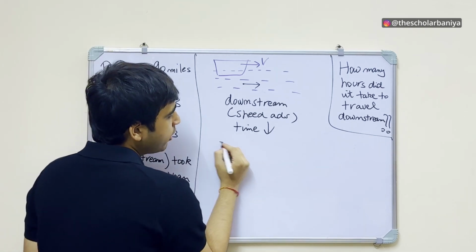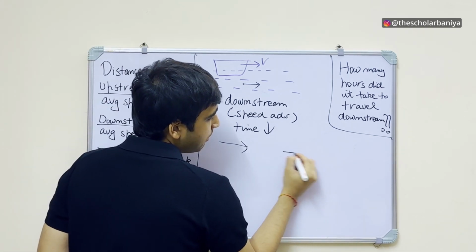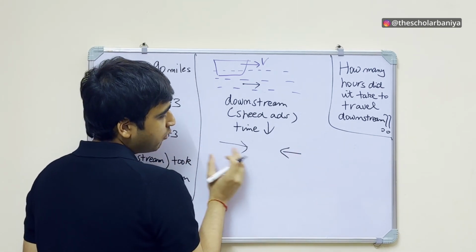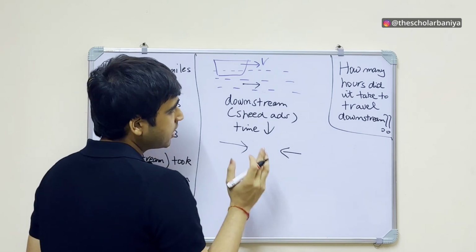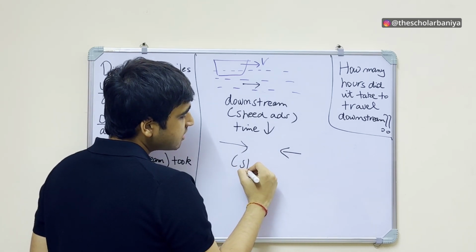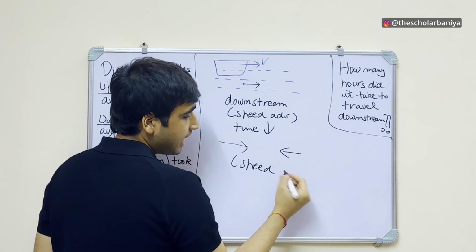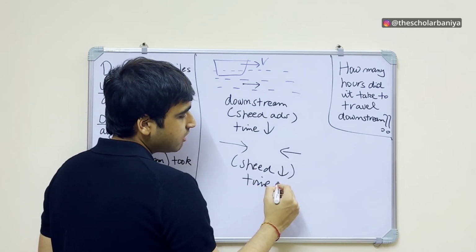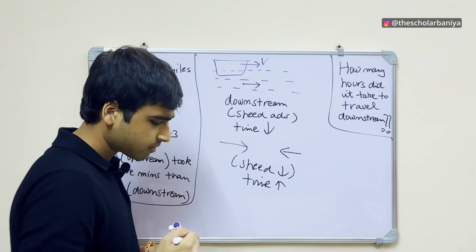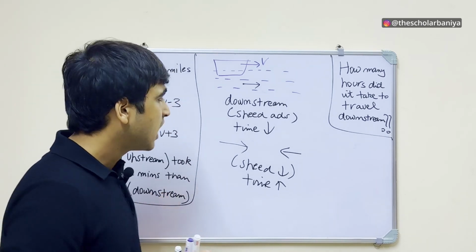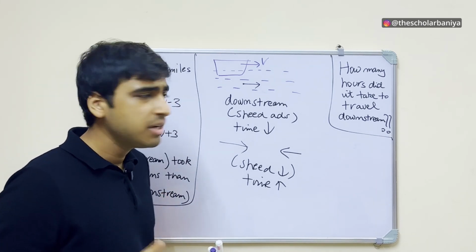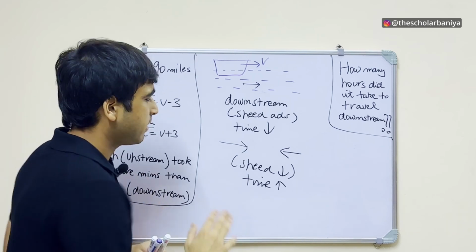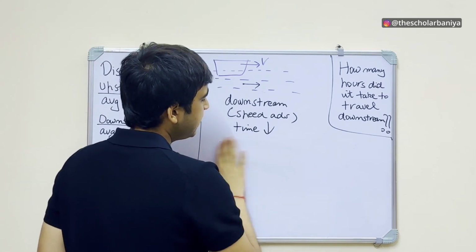If the boat is going towards this side and the water is coming towards this side, obviously the overall speed reduces. And if the speed is less, then obviously the time taken to travel will be more. So this is a basic idea about downstream and upstream, and I hope this should be pretty clear. I don't think there should be any doubt in this.